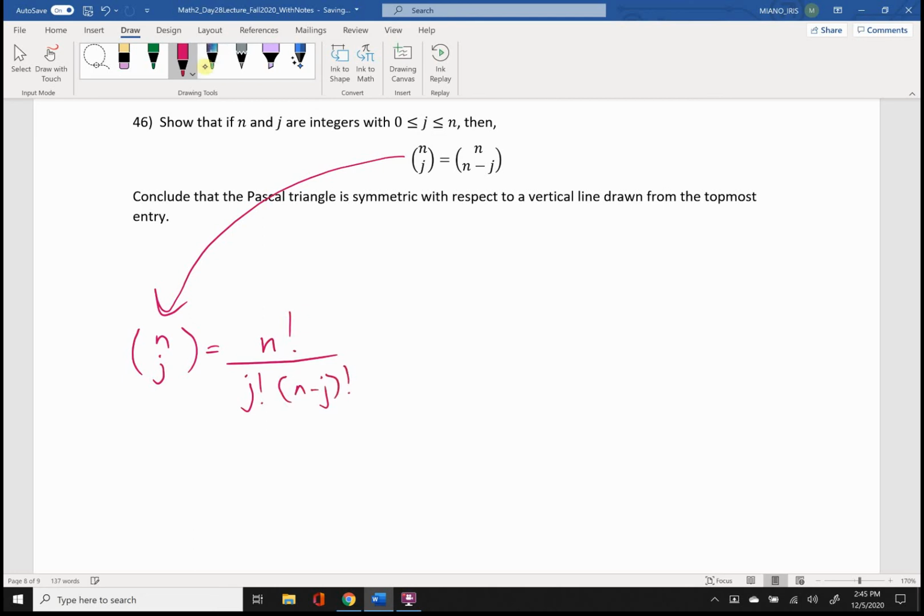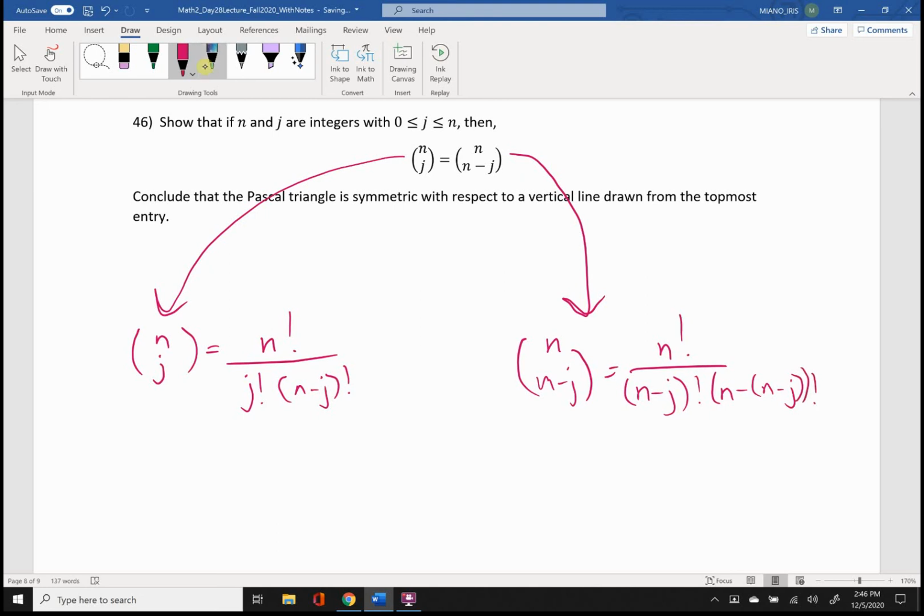Okay. And then what does this side look like? Well, n chosen n minus j at a time would be equal to n factorial over n minus j factorial times n minus j factorial.